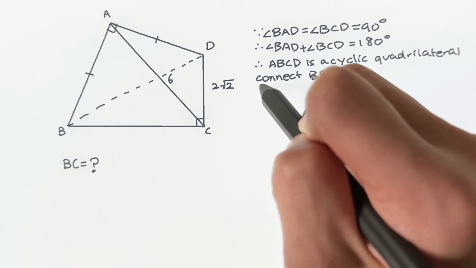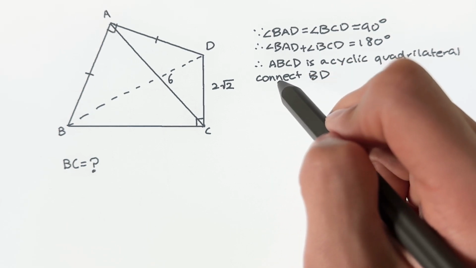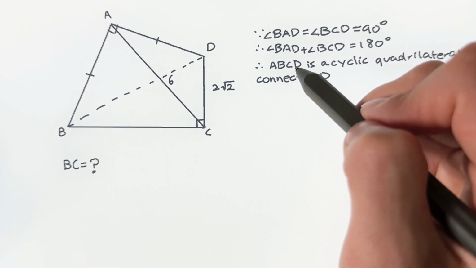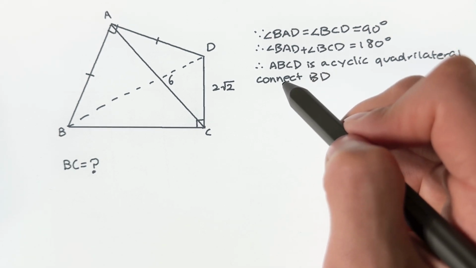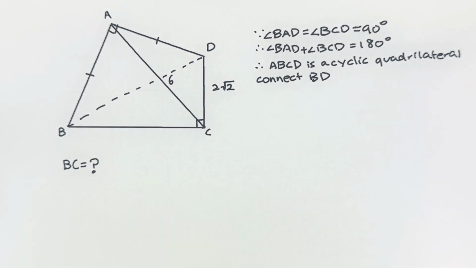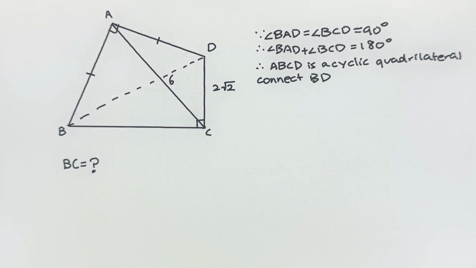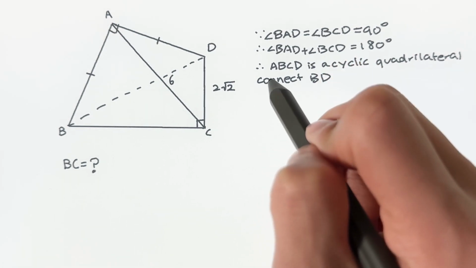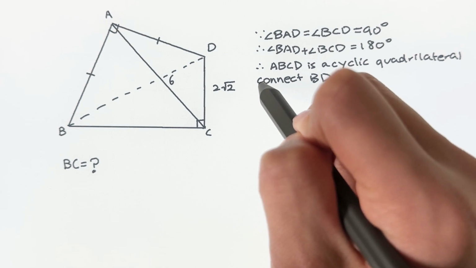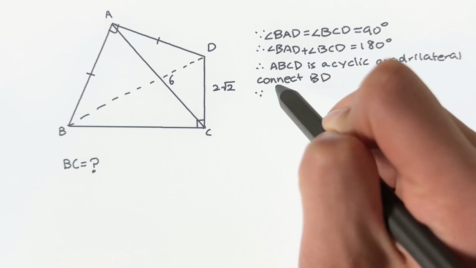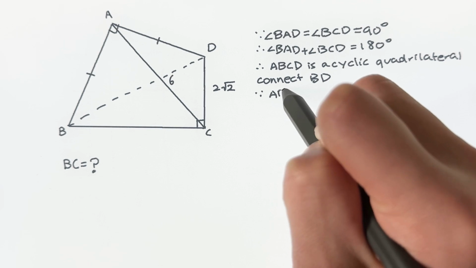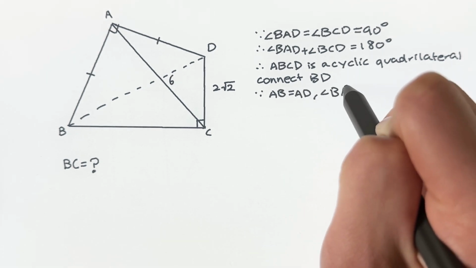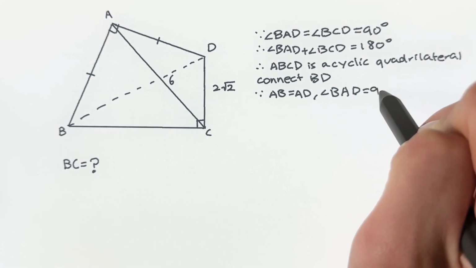Before we write down the theorem, we have to use the remaining information, which is AB equals AD. Now that we connected BD, we will realize that triangle BAD is a special right triangle, since AB equals AD and angle BAD equals 90 degrees.